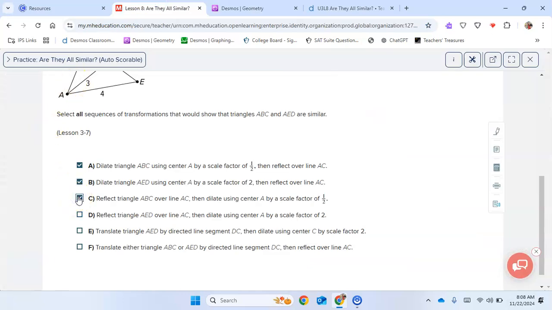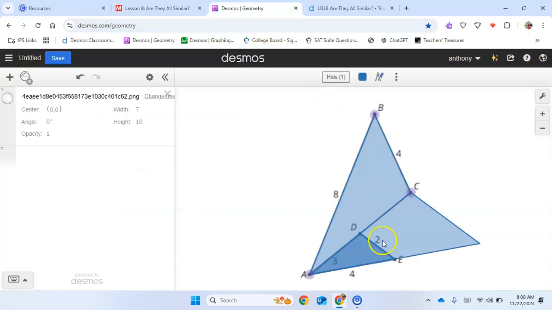Reflect triangle AED over line AC, then dilate using center A by a scale factor of 2. Again, reflect, then dilate. That worked.